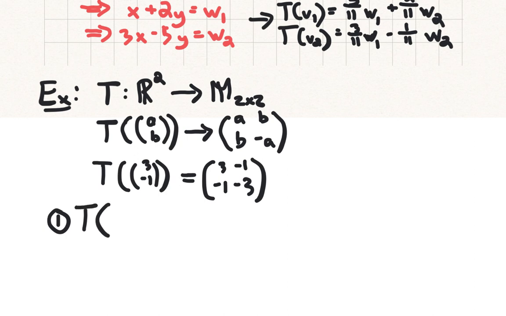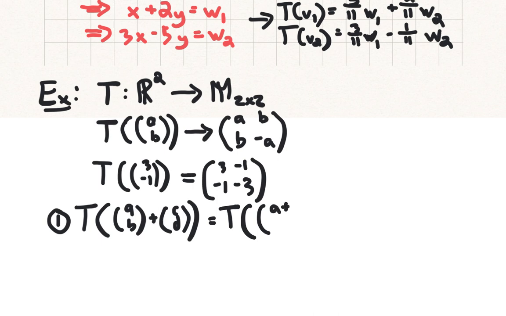So first of all, let's figure out what the transformation of two vectors added together is. Here's (a, b), and here's the second vector, (c, d). That's the same thing as the transformation of, well, we know how to add vectors, we just add entry-wise, so (a plus c, b plus d). So there's our vector, and what does our transformation do?